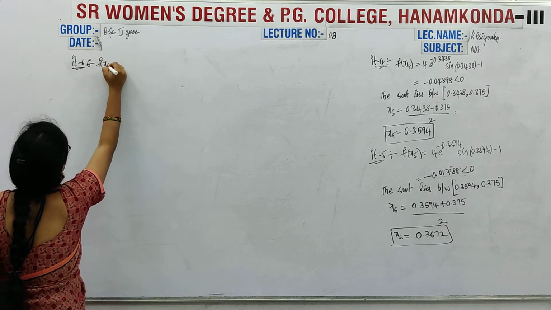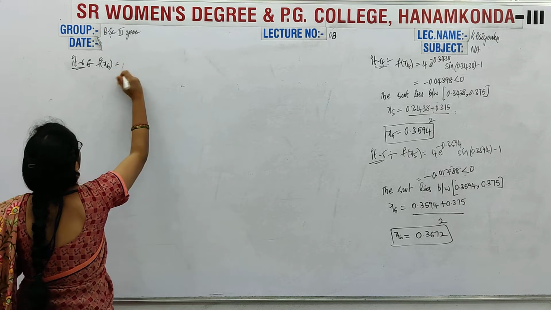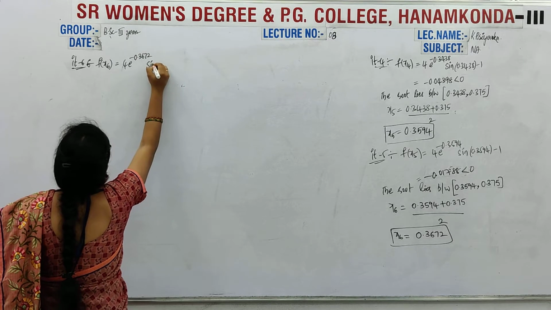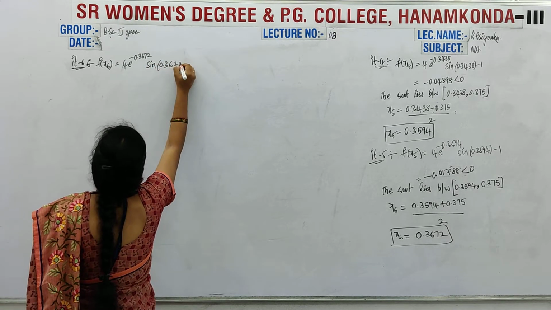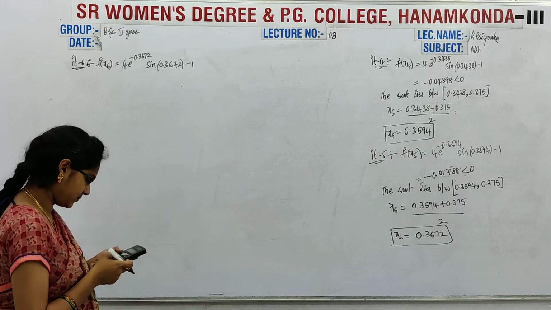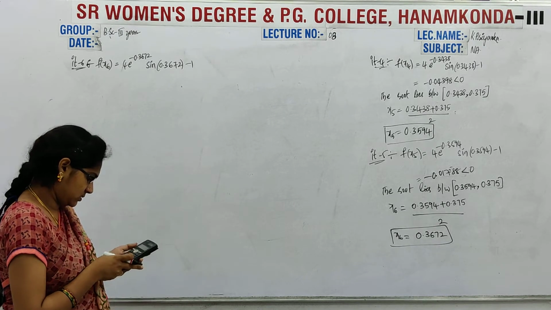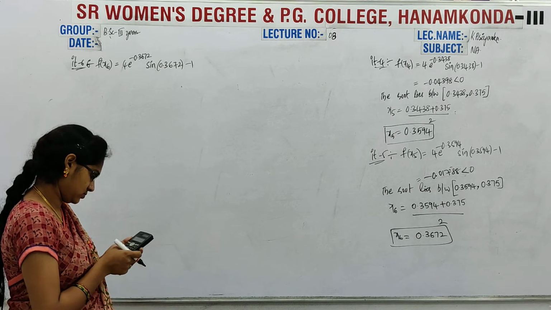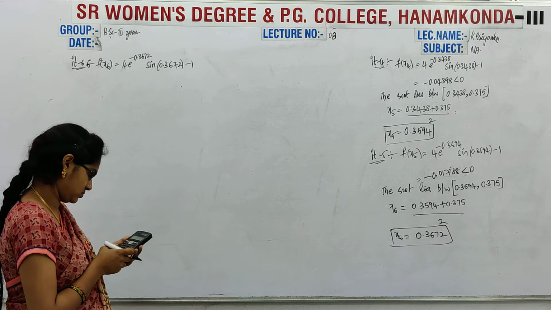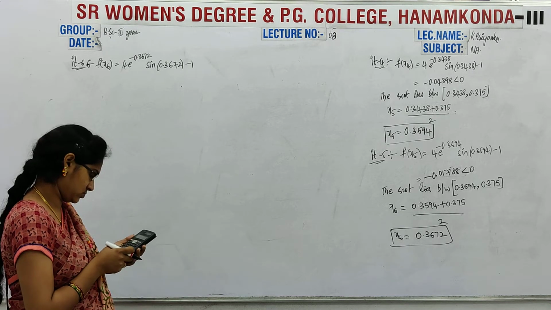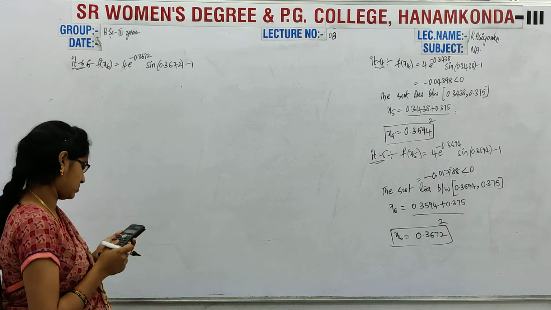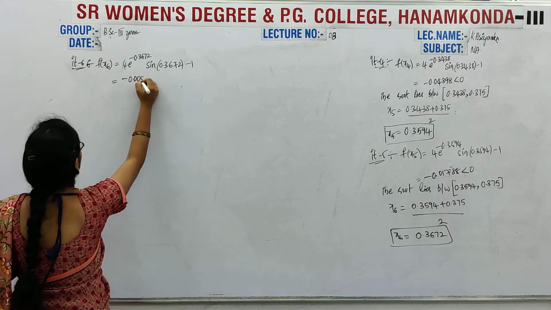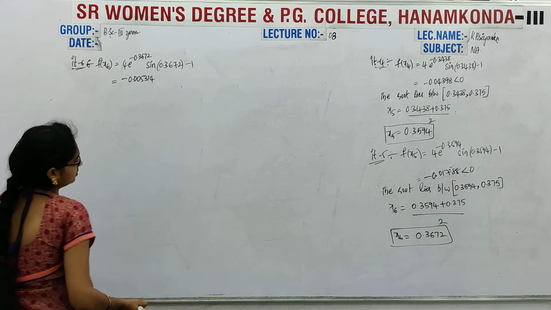F of x6 equal to 4 into e power minus 0.3672 sine of 0.3672 minus 1. Now calculate it. Which is equal to minus 0.005314.